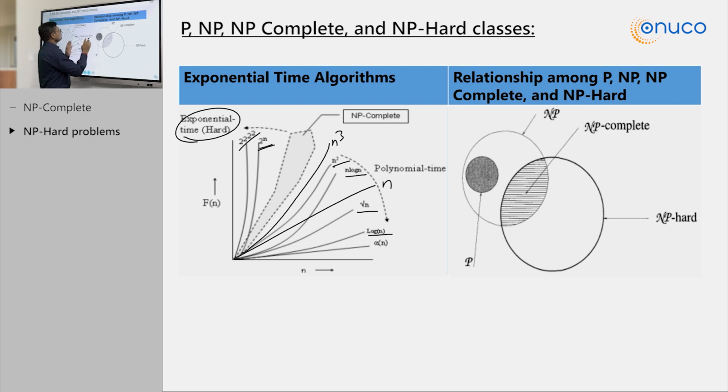And if you are able to see that relationship among P, NP, NP complete and NP hard problems, first focus on this particular region. You will see a small circle called P, meaning polynomial time. These kinds of problems will have complexity like n, n square, n cube.